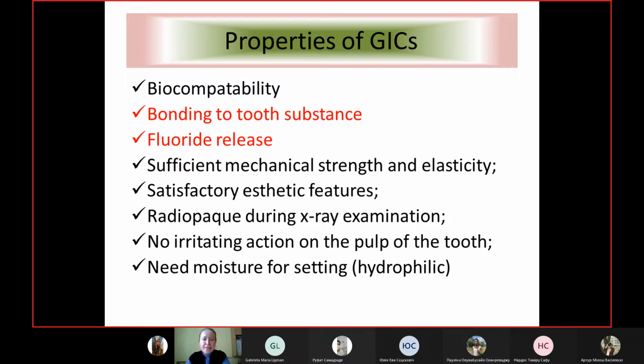They have appropriate aesthetic features because they are produced in shades. They are radio-opaque, and that is very attractive. They provide no irritation to the pulp because they are biocompatible, and they need moisture for setting. They are hydrophilic.